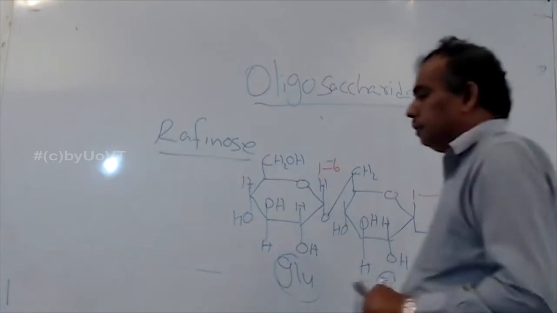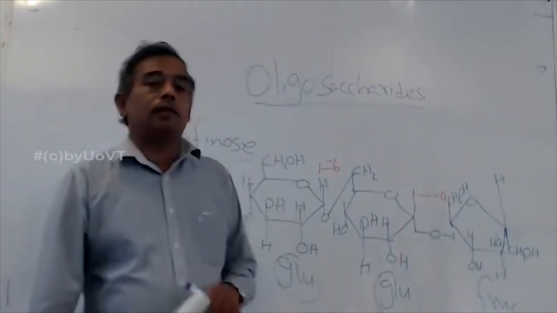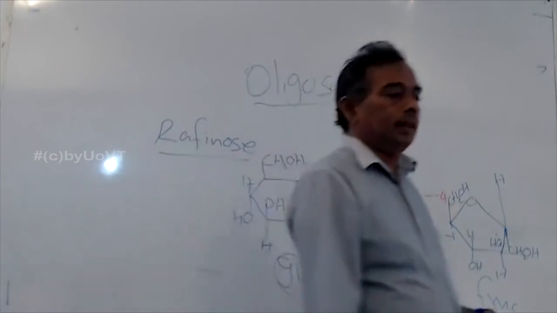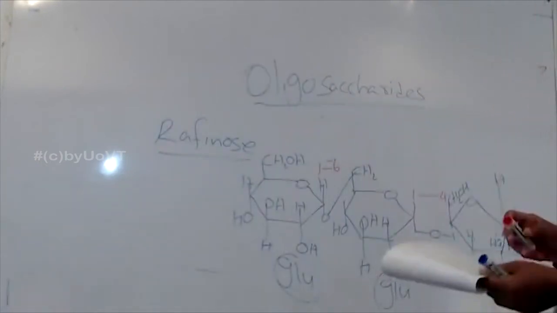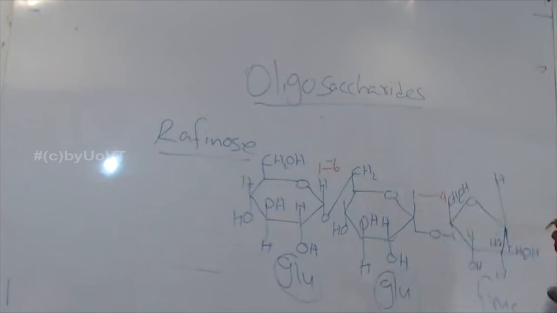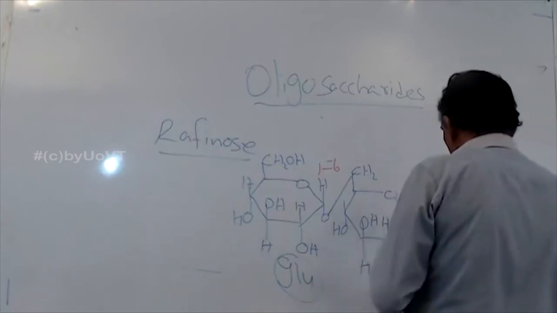Now, can anyone tell me the reducing and non-reducing property of this molecule? You can clearly check the molecule with your knowledge. Now you have enough knowledge to tell something about the reducing and non-reducing capacity of this molecule. Here, not 4, it is 4.